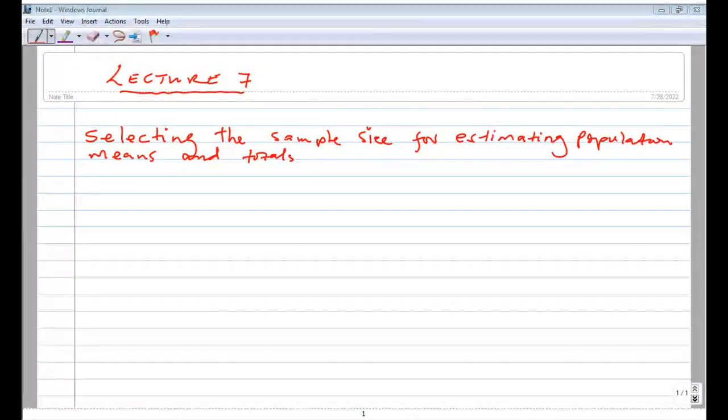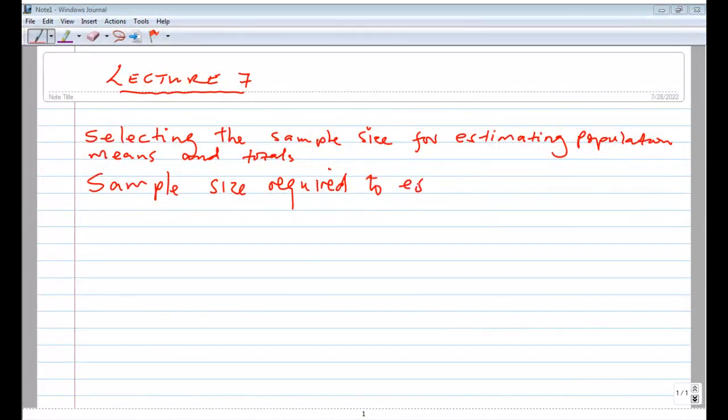Okay, so how do you calculate the sample size required to estimate the population mean? Let's start with that one.